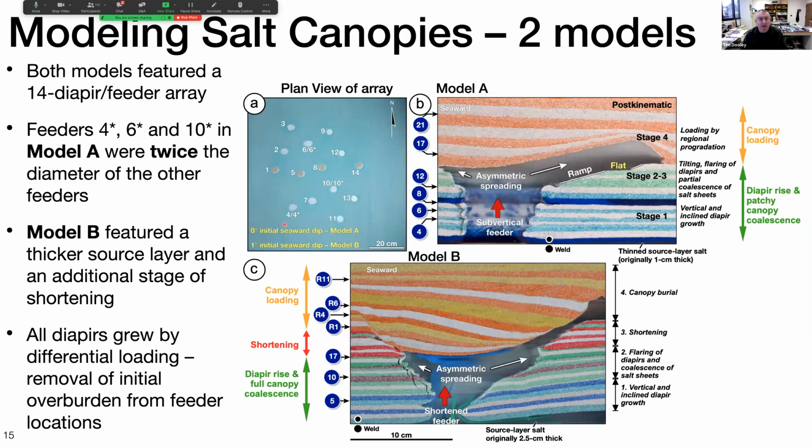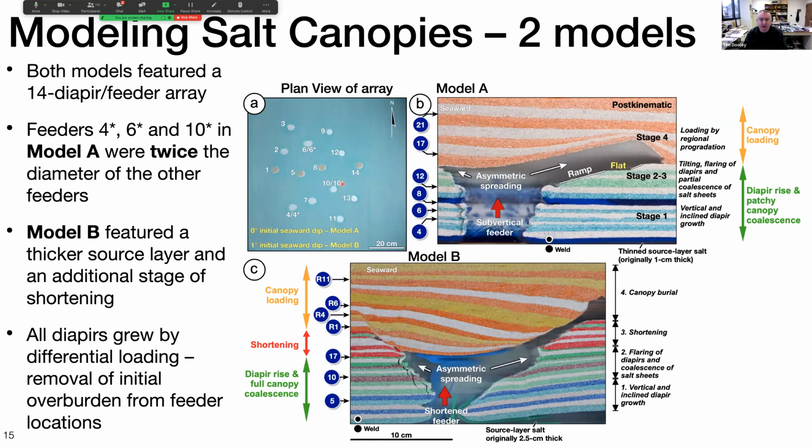So I'm going to show you portions of two analog models here. Both of them had the same 14 feeder array. In model A, 6 star, 4 star, and 10 star here happened to have diameters twice the size of every other one.